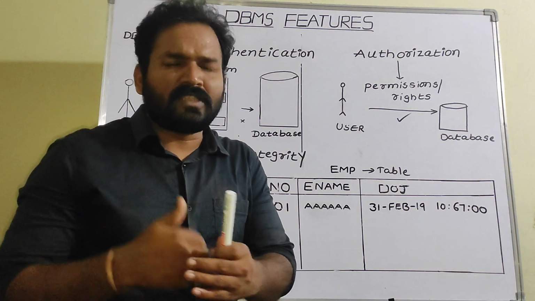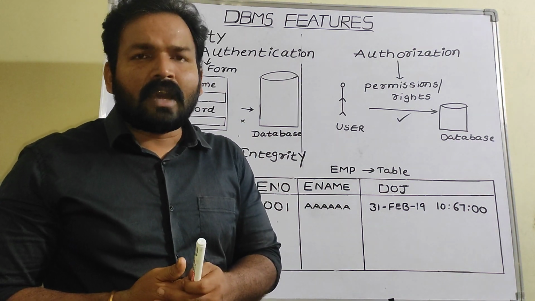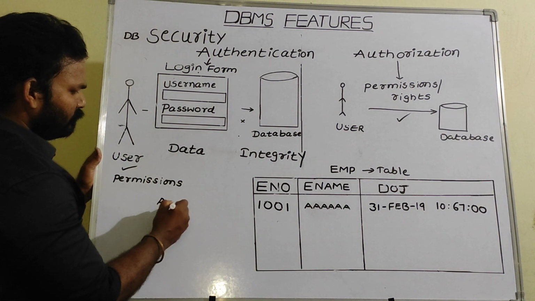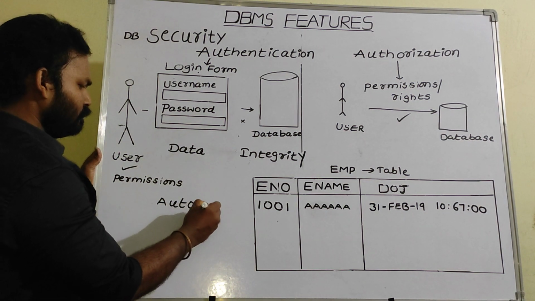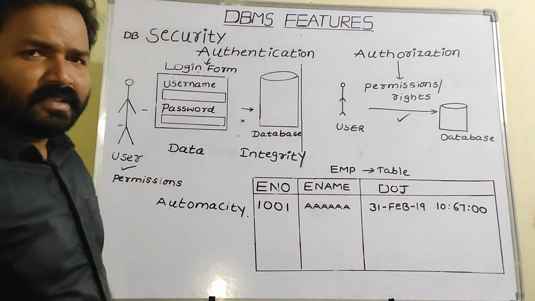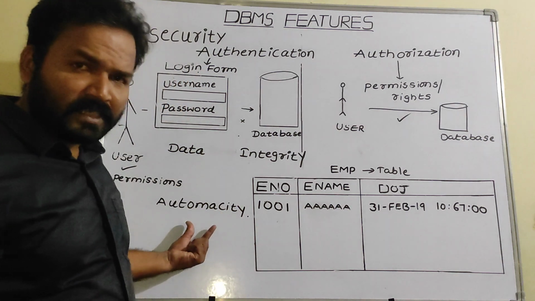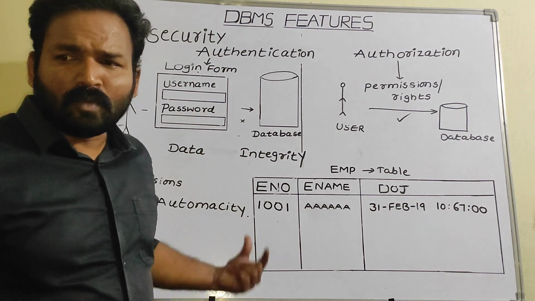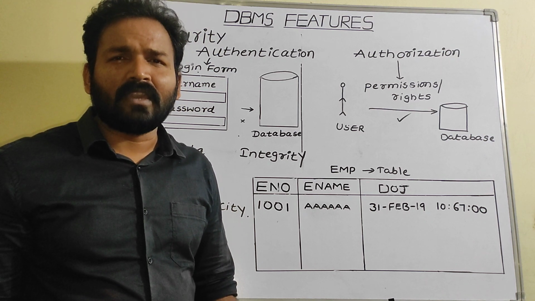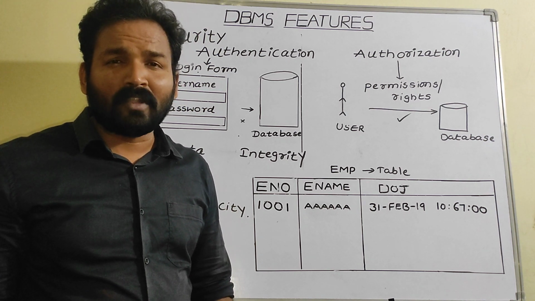In this session I covered two features: security and data integrity. Next feature, atomicity. We already covered this in the previous session: what is atomicity, what is a transaction, what are ACID properties.